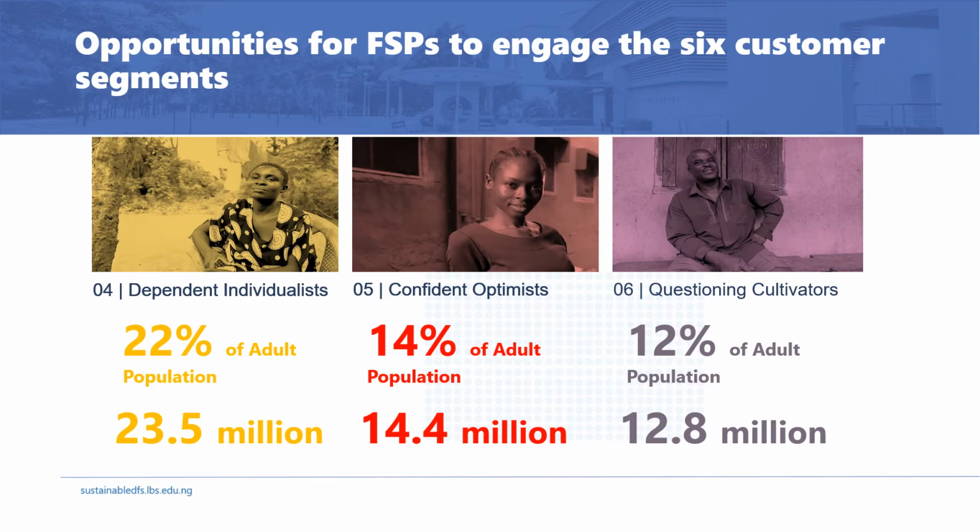They are frequent and deliberate savers and effective planners. Finally, questioning cultivators are mostly middle-aged, low income, poorly educated rural married men who farm. They struggle to cover expenses, though their robust use of informal financial groups and high rate of land and livestock ownership strengthen their financial resilience.